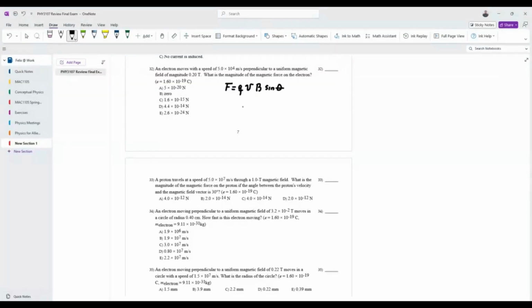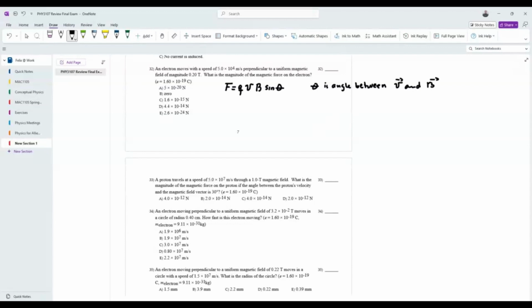So theta here is the angle between the velocity vector and the magnetic field vector.